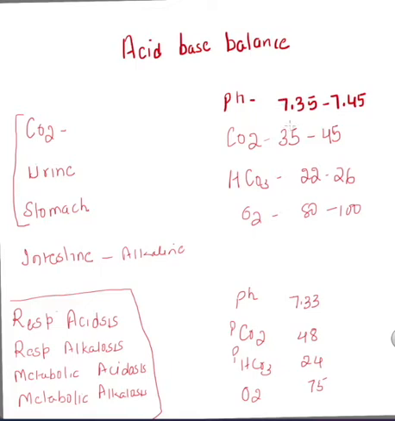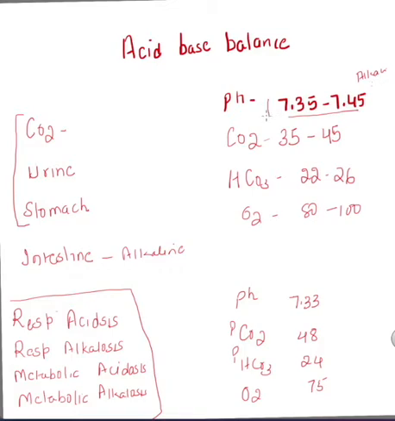So when I say pH is 7.35 to 7.45, that's the normal balance our body should be in. If it is above 7.45, then we can go into alkalosis. Anyone who has a pH level above 7.45 will be in an alkalotic stage.